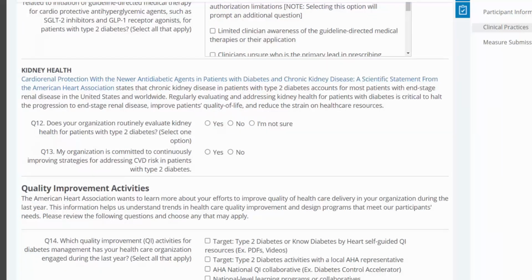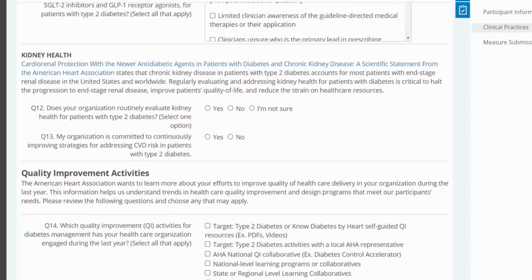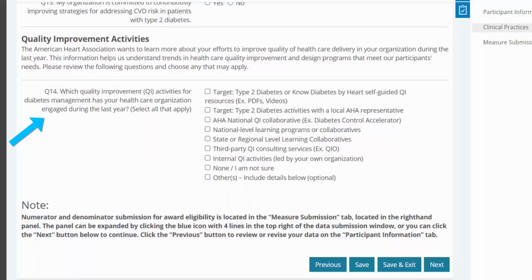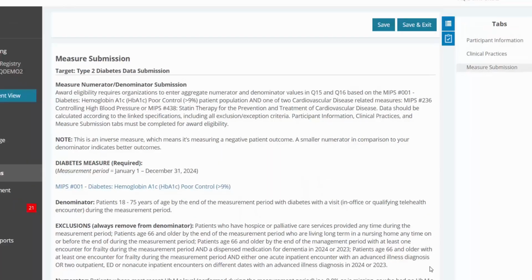If you are unable to answer a particular question, please check with clinical staff familiar with these areas. You must answer yes on question 13 to be eligible for an award. We've also added a new question on the quality improvement activities your organization engaged with in 2024.